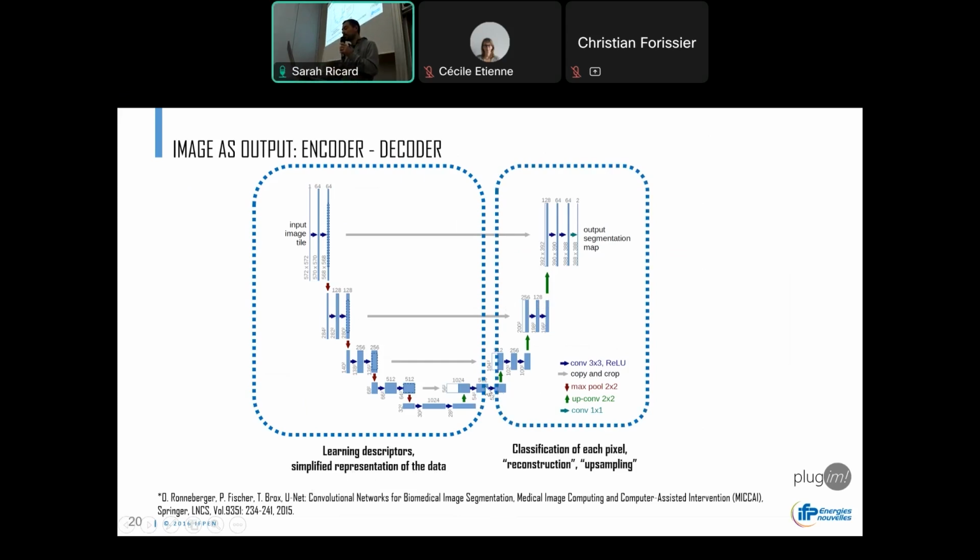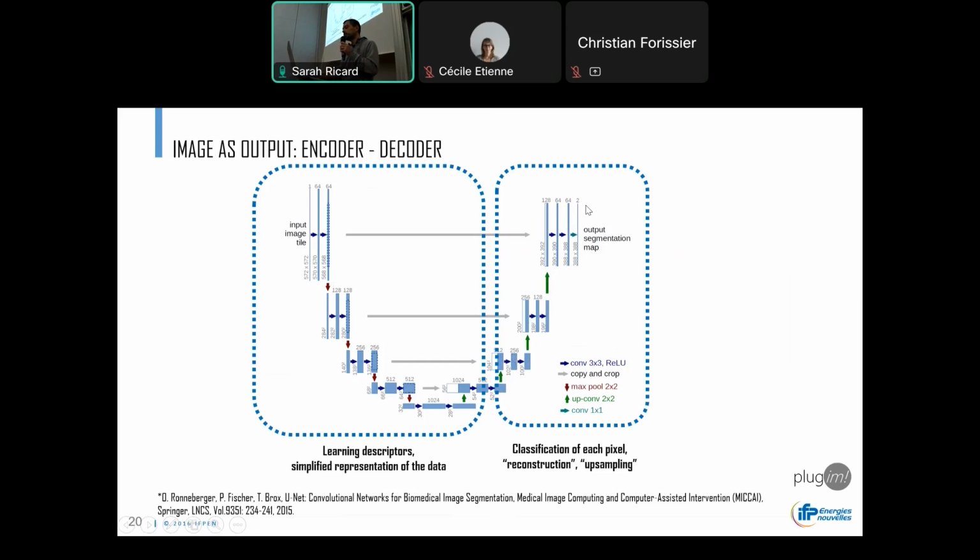You also have convolution, but you replace the space reduction by an upscale operation. So you have convolution, upscale, convolution, upscale, convolution, upscale, convolution. If you have the same number of downscale and upscale, you obtain the same dimension for the data, and you can reconstruct an image from an image.